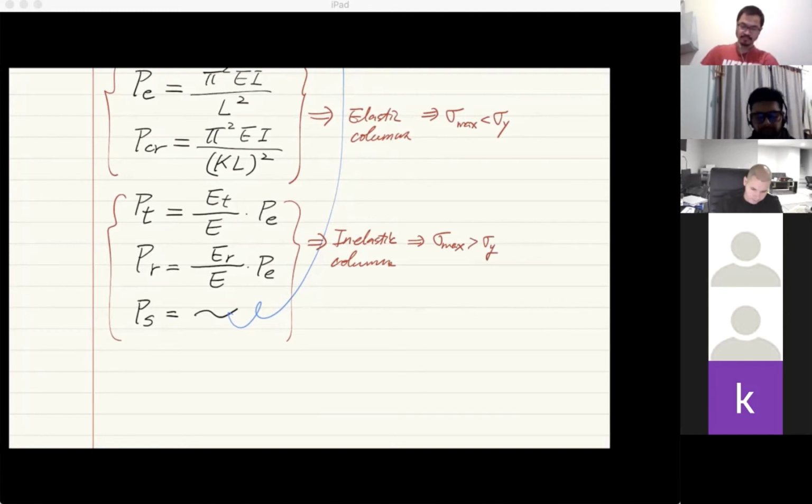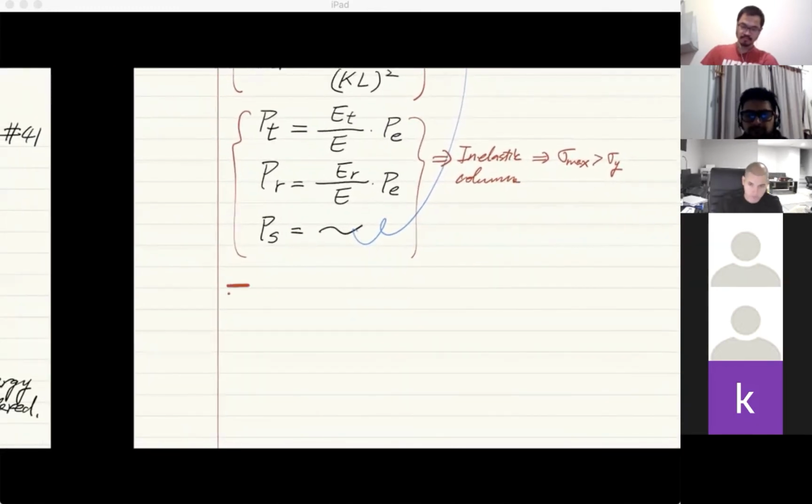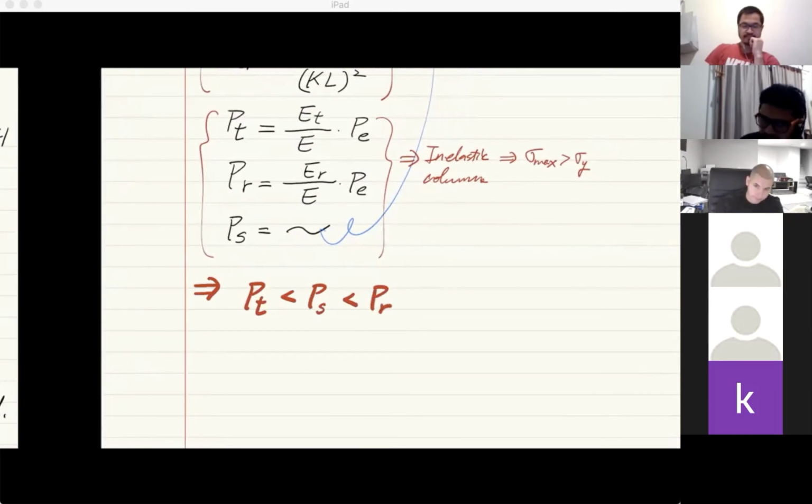Now, realistically speaking, typically PT will give you the lowest value. PT will be less than PS and will be less than PR, and then everything will be less than PE.